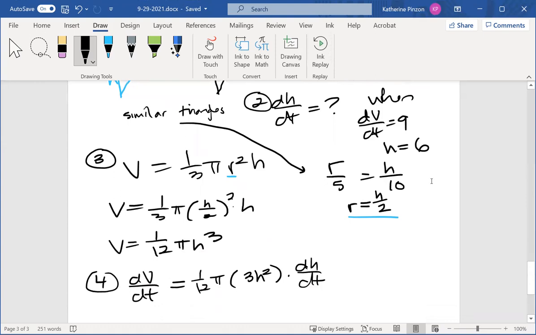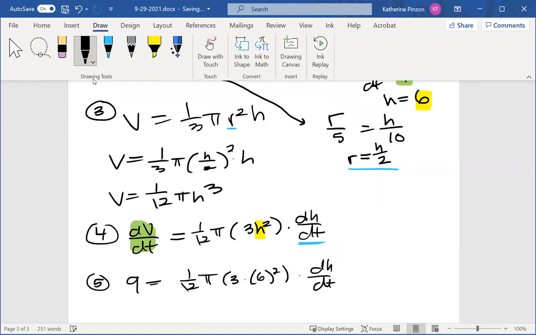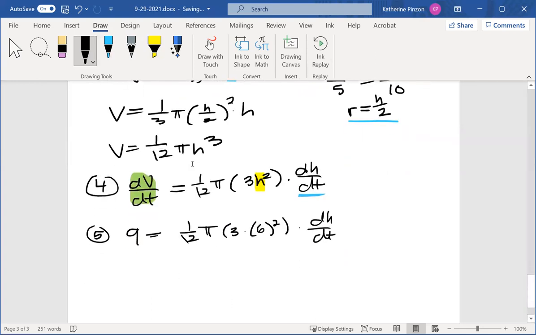Okay, let's plug in all the stuff I know. I know that dV/dt is 9. I know that h is 6. I'm looking for dh/dt. So 9 is 1/12 pi, 3 times 6 squared, dh/dt. 6 squared is 36. 48 pi?